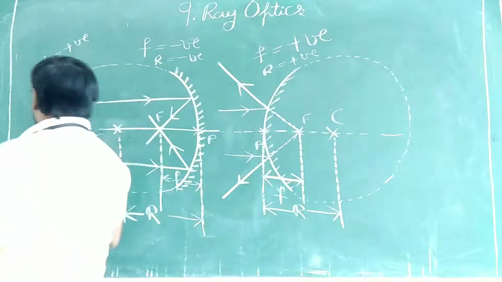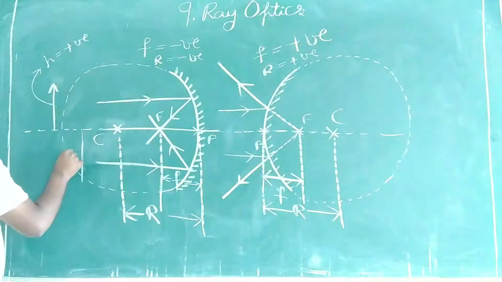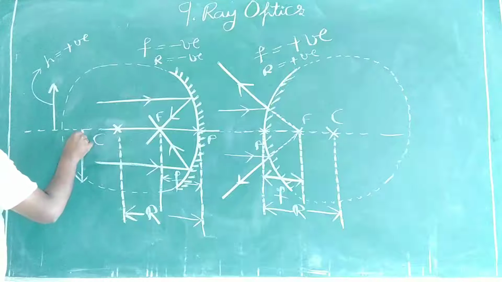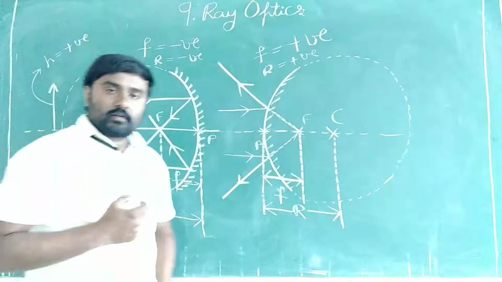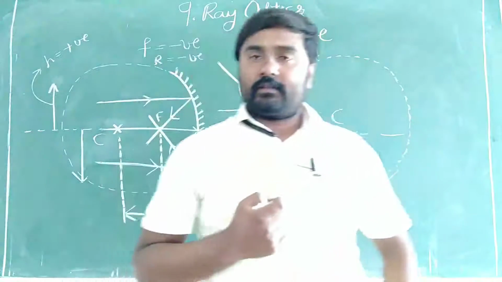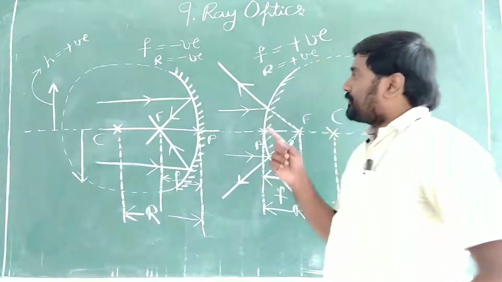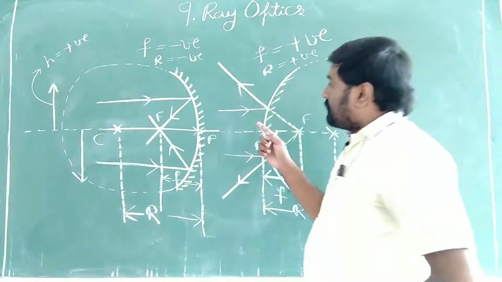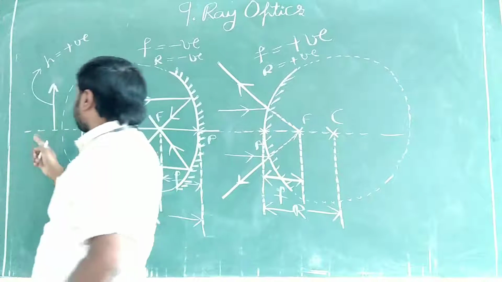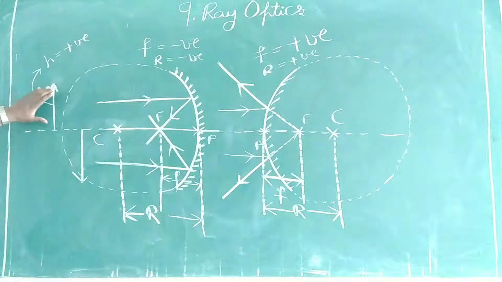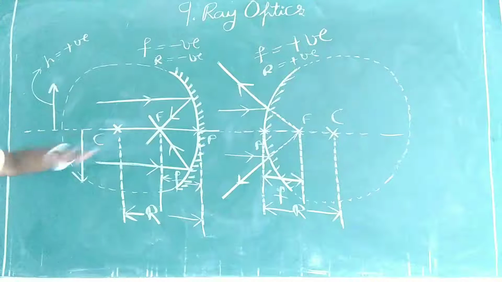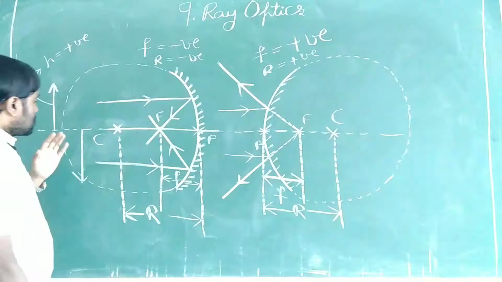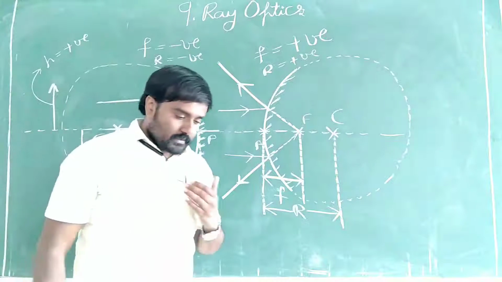Heights measured downwards and perpendicular to the principal axis are taken as negative.